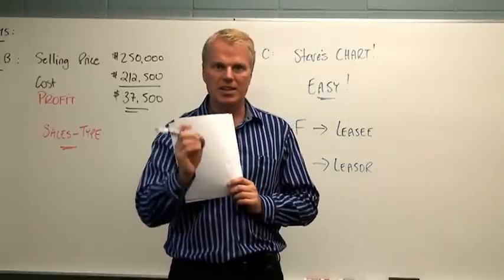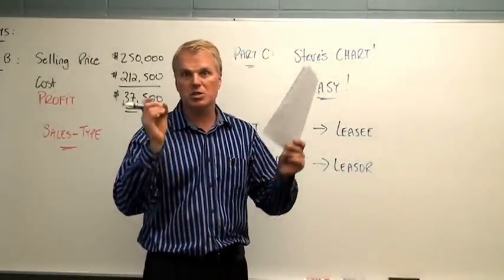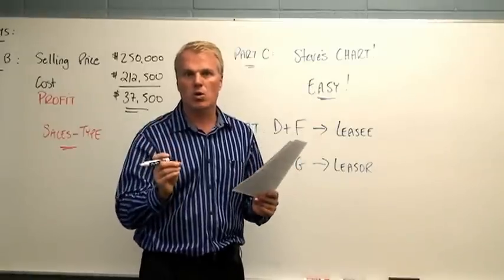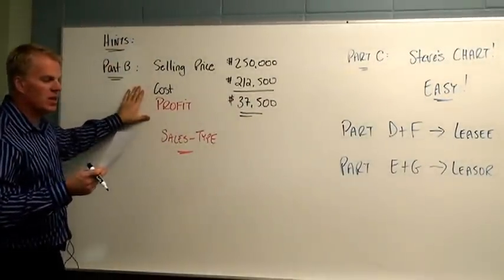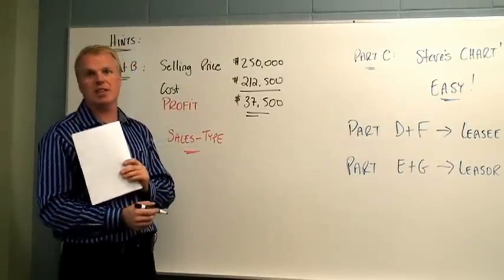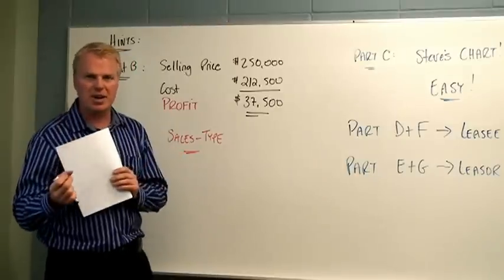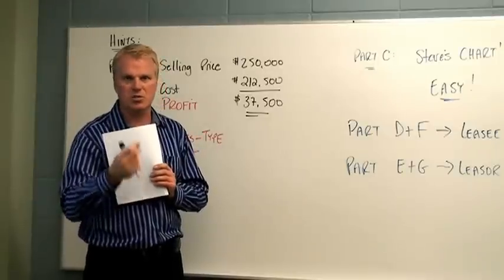So let's start. I'll take a look at the first part here that I think is a little tricky for some students, and I want to spend some time going over it with you. In parts A and B, you're basically asked to calculate the present value and determine whether or not this is a capital lease. You've mastered that by now. You know the 3 conditions for a lessee and the 2 conditions for a lessor.